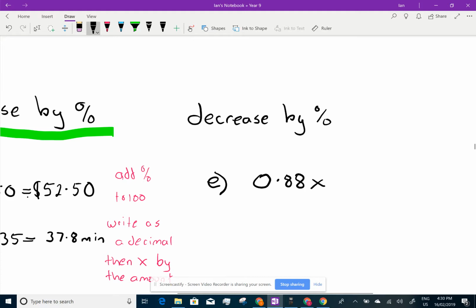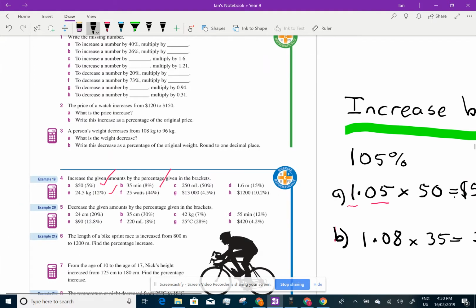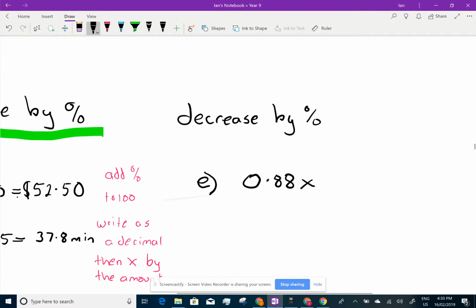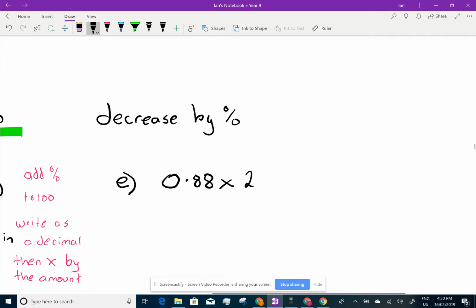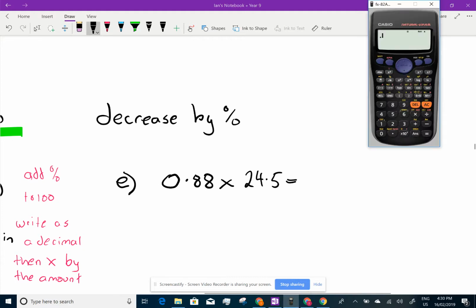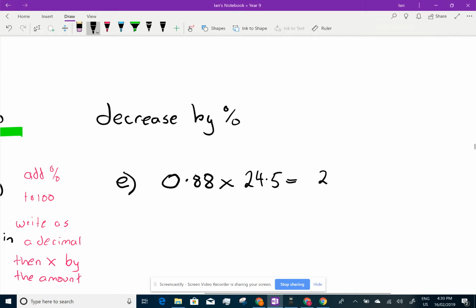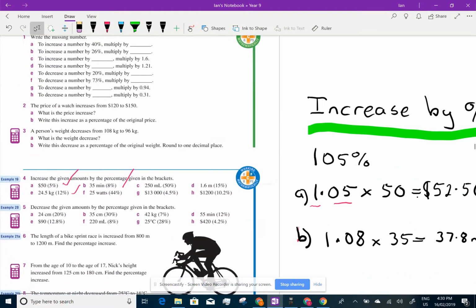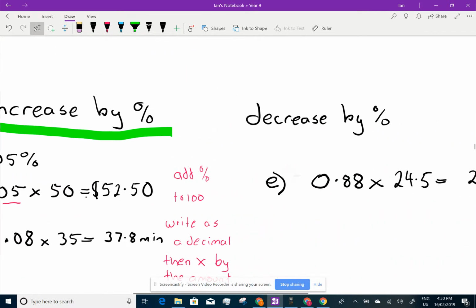And I just multiply by the amount. I take the percentage off, 24.5. Again, I go to my calculator. 0.88 times 24.5, 21.56. And what was it in? Kilograms.